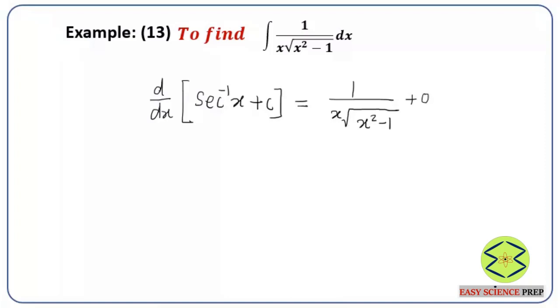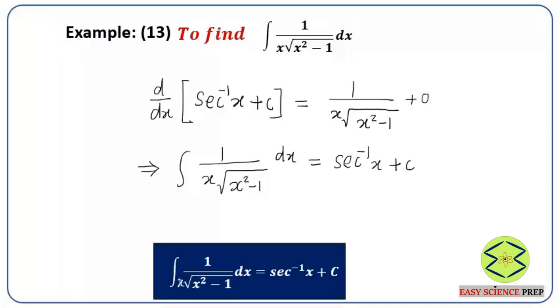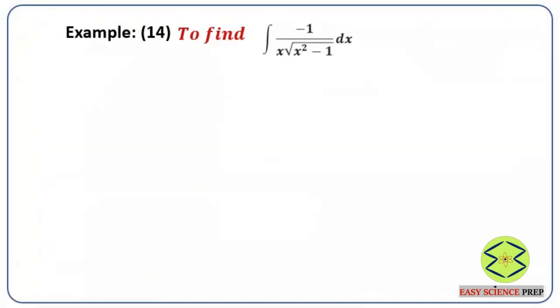So if I bring the derivative from left to right, that becomes integration. So we can straight away write down that the integration of 1 over x under root of x square minus 1 dx is going to be the same as secant inverse of x plus c. So let's see the next example here.